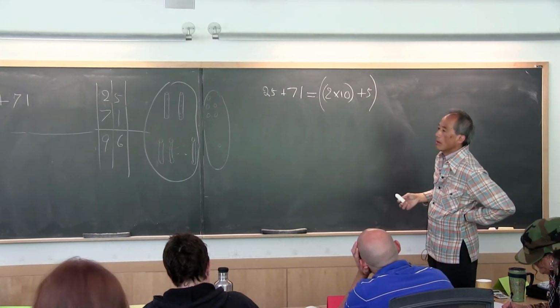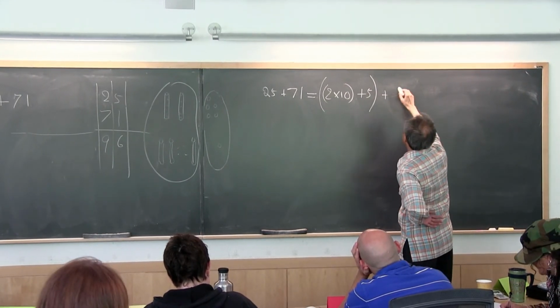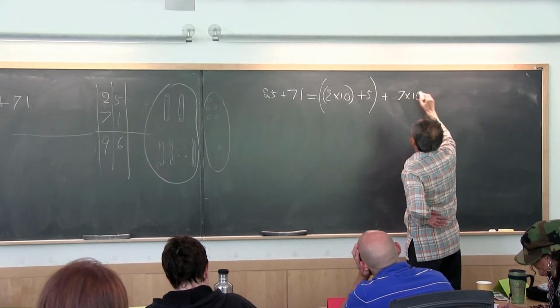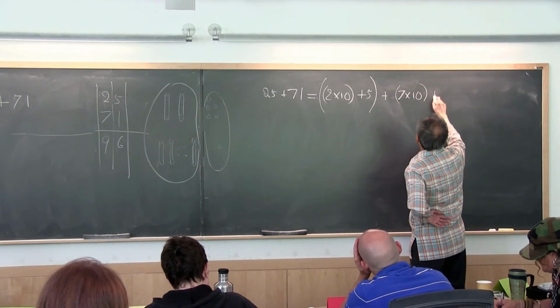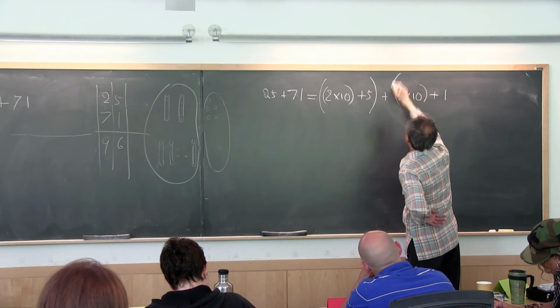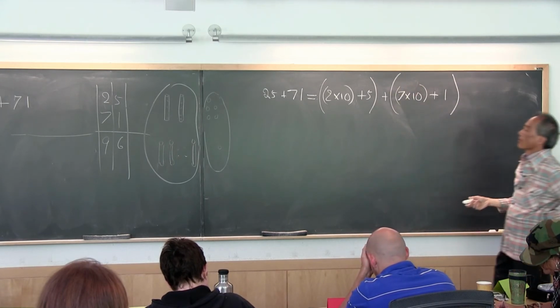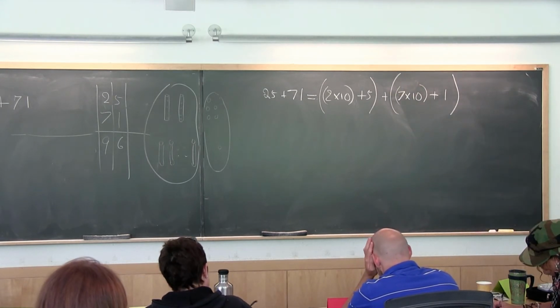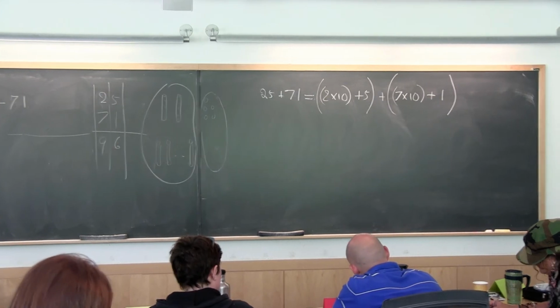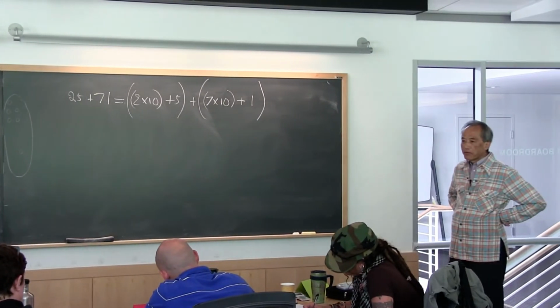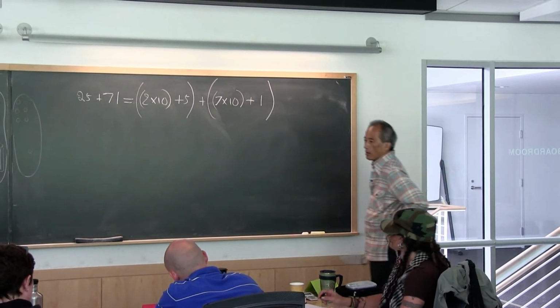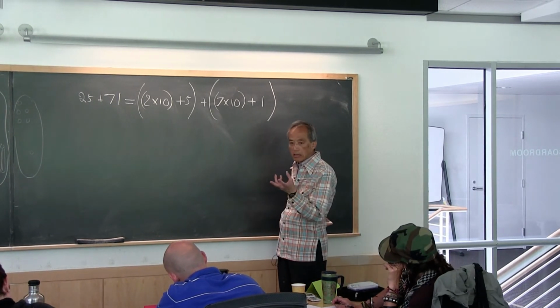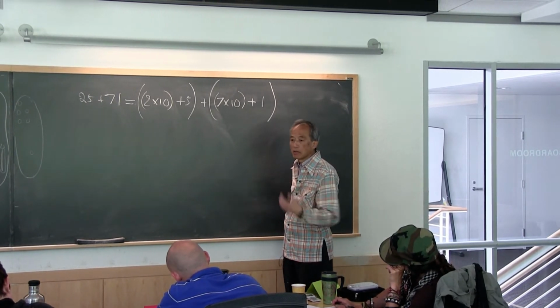Mm-hmm. 71. That's what the expanded form is good for. The expanded form of a number is the key that unlocks all the algorithms.